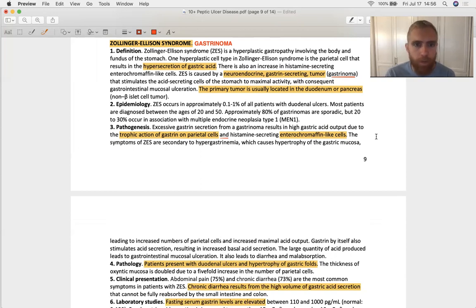And if this went on for very long, you're going to see some heavy ulceration of the GI mucosa, particularly of the antral stomach and duodenum, because that's where stomach acid goes. It just goes downhill after it's secreted. It is important to note that this gastrinoma, this gastrin-secreting neoplasia, is usually in the duodenum or the pancreas, not in the stomach.